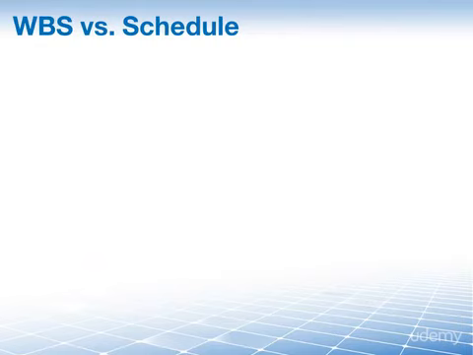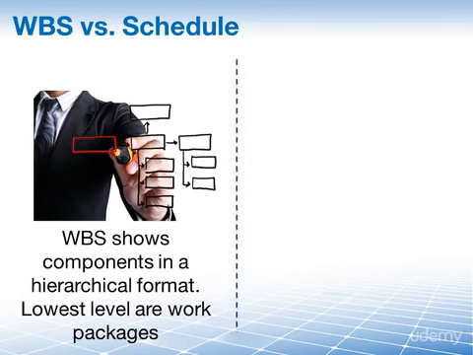And while we're talking about time management in general here, can you tell me what the main difference between the work breakdown structure, the WBS, and the schedule is? Do you know? Do you remember? Well, the answer is that the WBS, the work breakdown structure, shows its components in a hierarchical format.